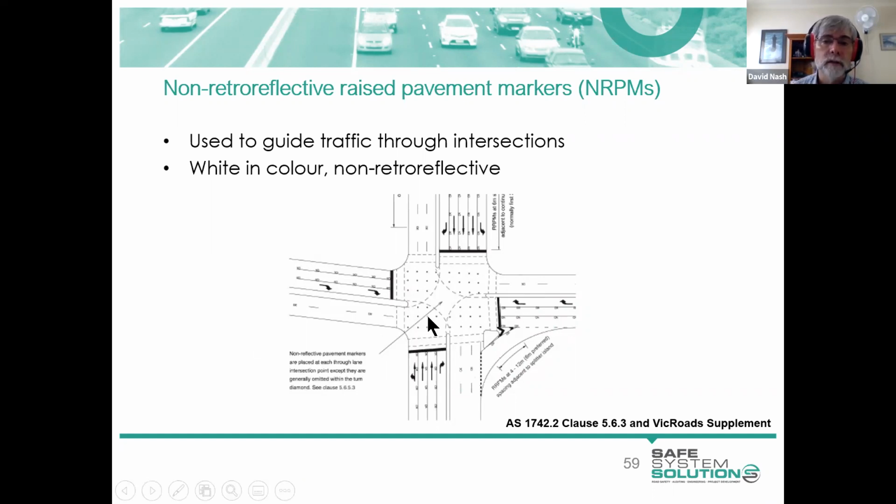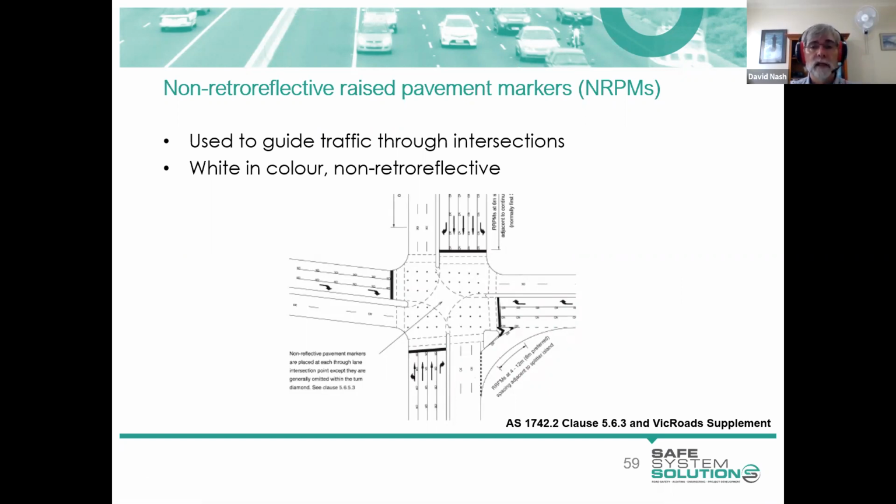And also, that's the most difficult part of the intersection to actually install the raised pavement markers. So I would recommend not putting them in this central diamond-shaped bit, despite what it says in one of the guidelines.